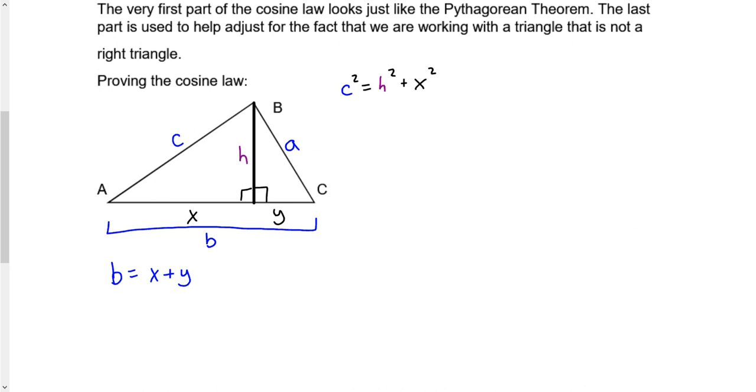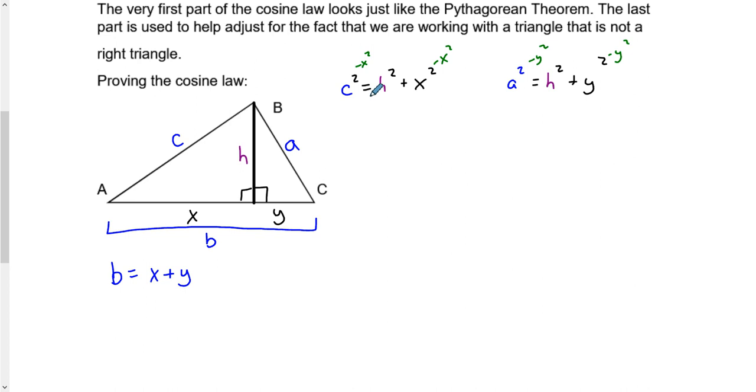At the same time, our a squared would equal the h squared adding the y squared. So we're going to do some manipulation and get our h squared by itself. So that means I'm going to subtract off my x squared and subtract off the y squared.